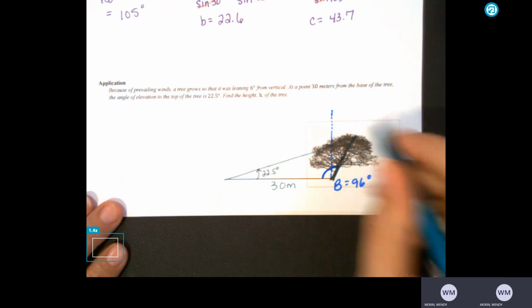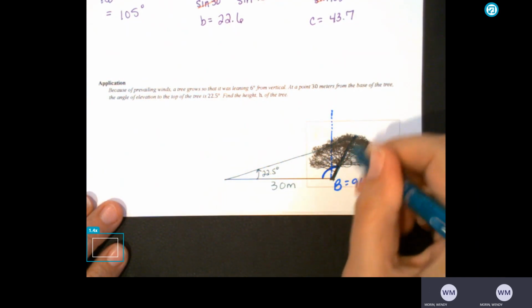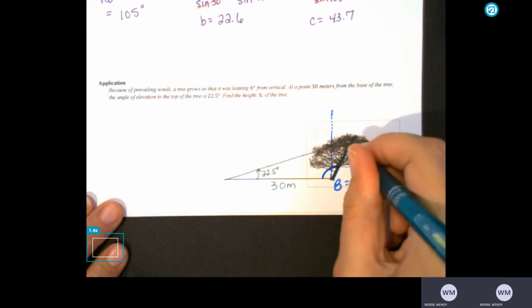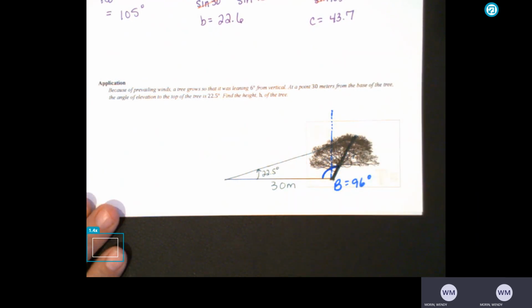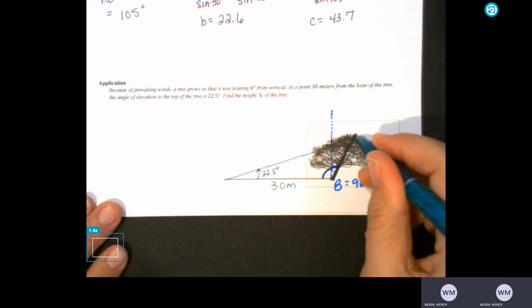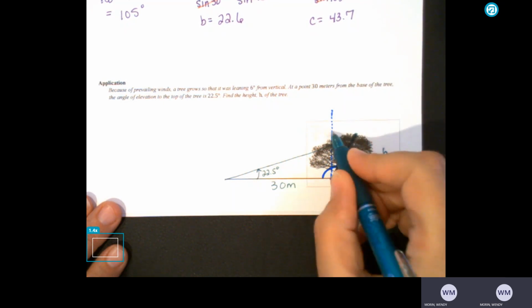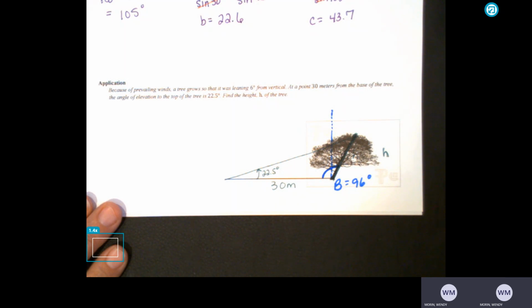Find the height of the tree. So they actually want this height right here. So I'm going to call that height H. Again, that's the height of the tree if it were standing straight up.